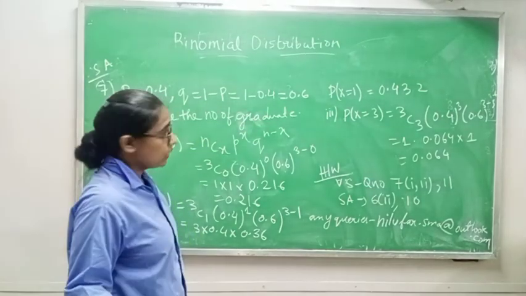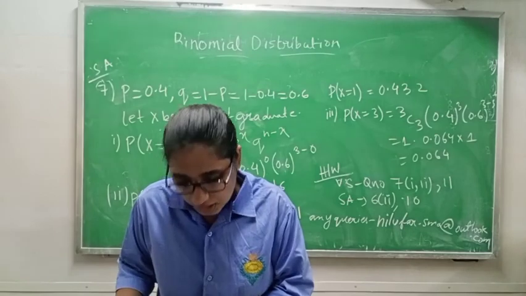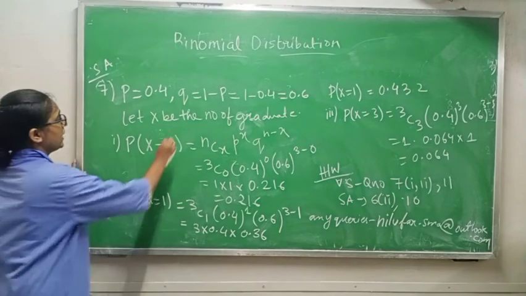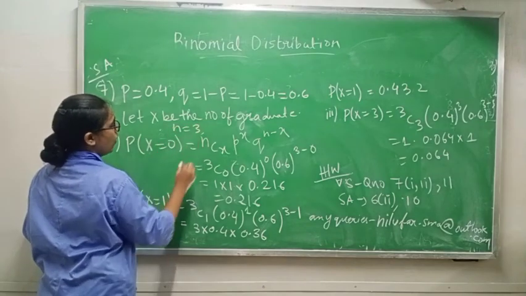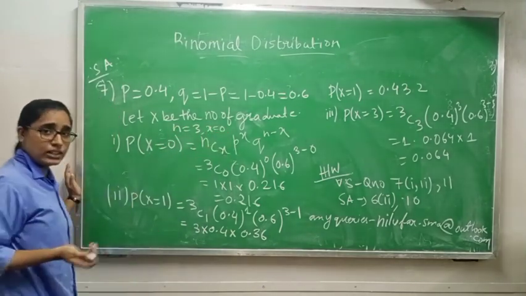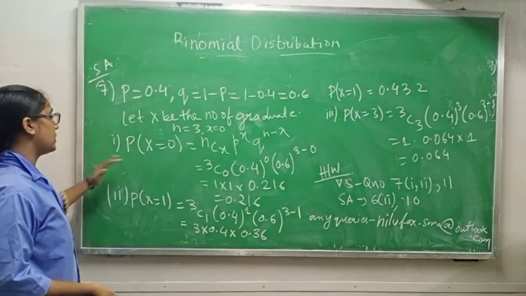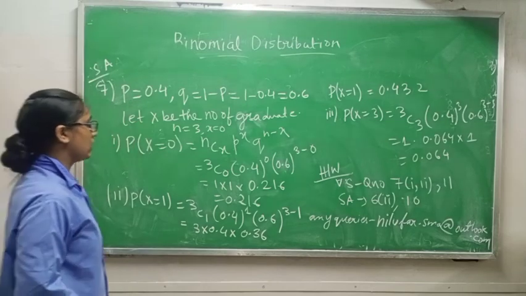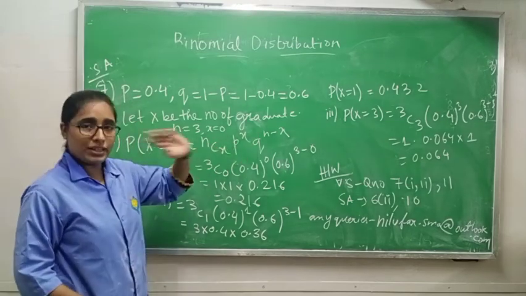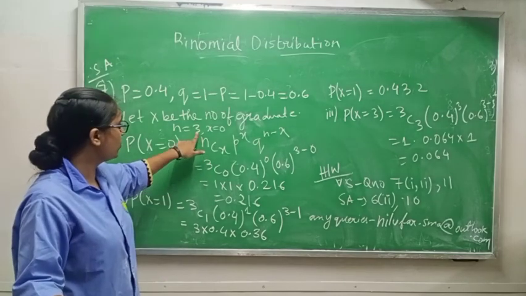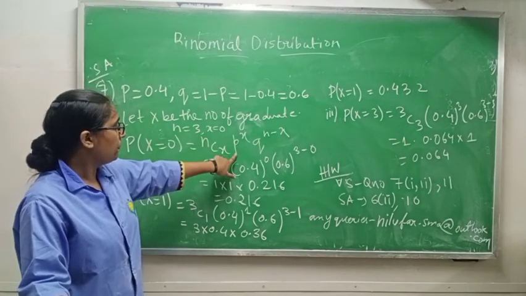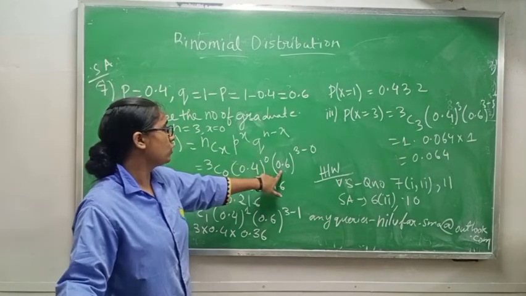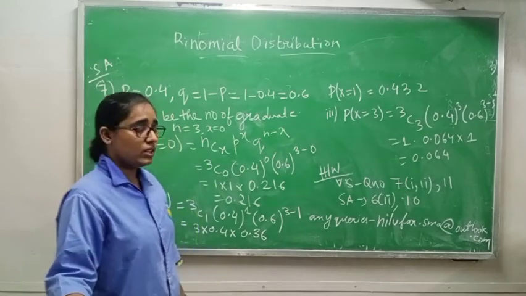Now the first question is none will graduate out of 3. So n equals 3, and x equals 0 because none will graduate. Let x be the number of graduates. So in the formula nCx, p to the power x, q to the power n minus x, n is 3, x is 0, p is 0.4 to the power 0, q is 0.6 to the power 3 minus 0.